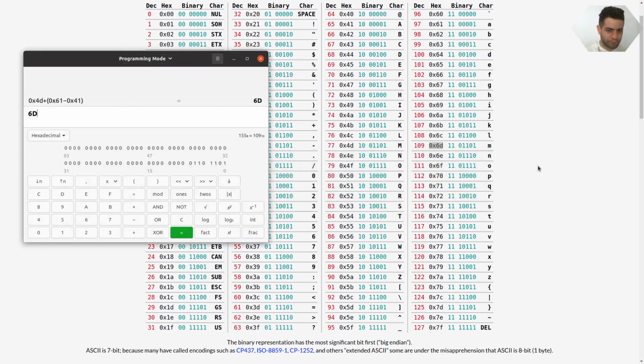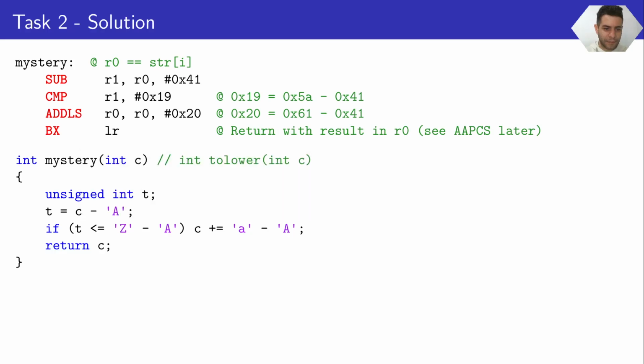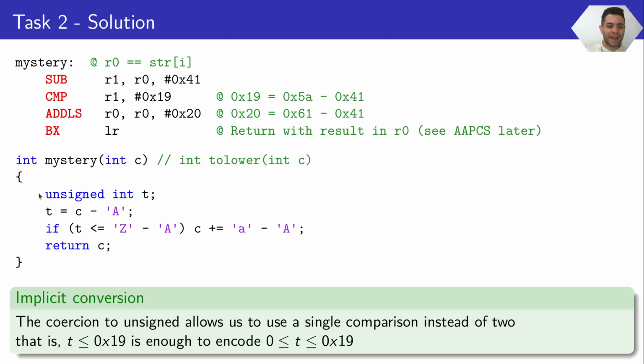Maybe you have noticed that here we are not checking if this number can get below 0, but we are using an unsigned int. So this type coercion allows us to use a single comparison without using the comparison to 0.